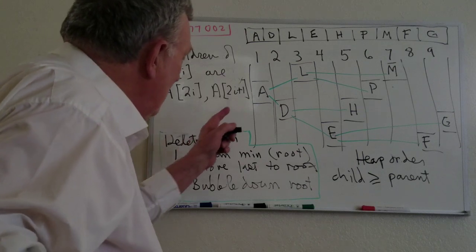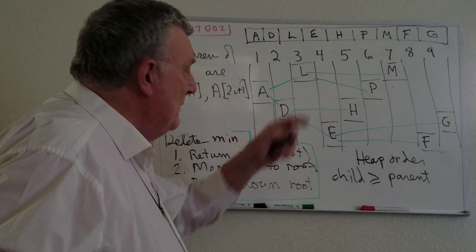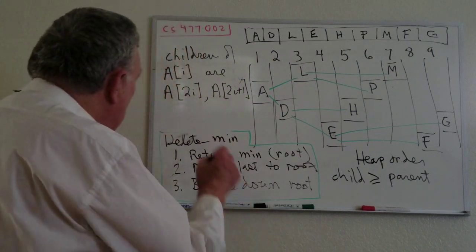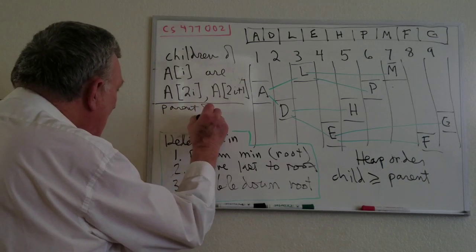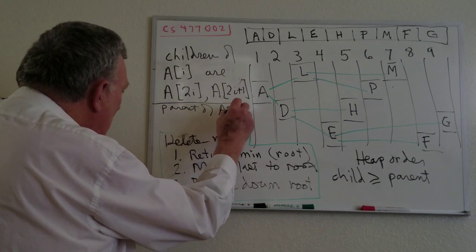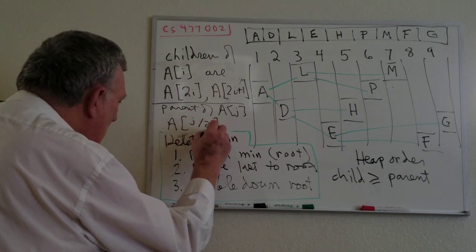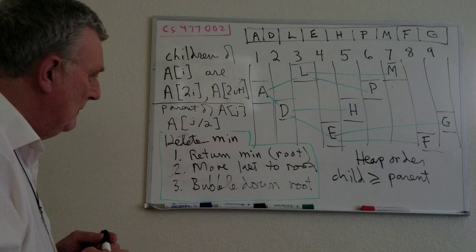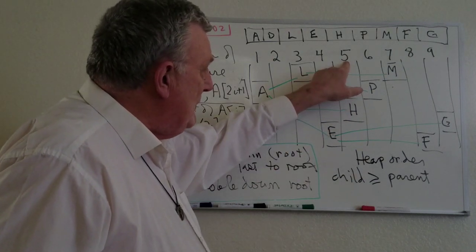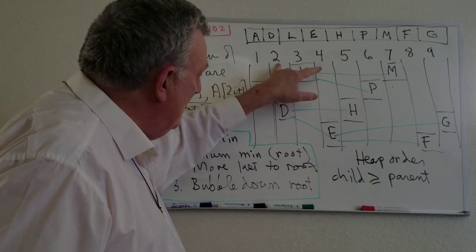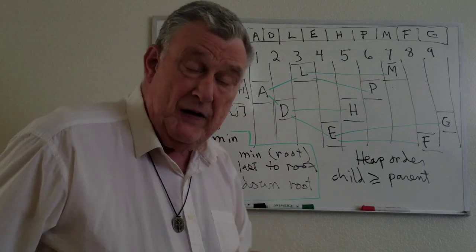So you see, if I is 1, then in position 1 the children are in positions 2 and 3 and so forth. Now, the parent of A[J] is A[J/2], where you use truncated division. So if I want to know the parent of 5, 5 divided by 2 is 2.5. We truncate down to 2, so the parent of H is D, the item in position 2.